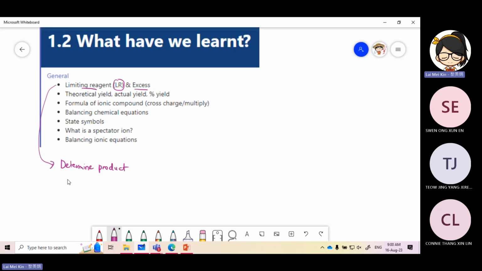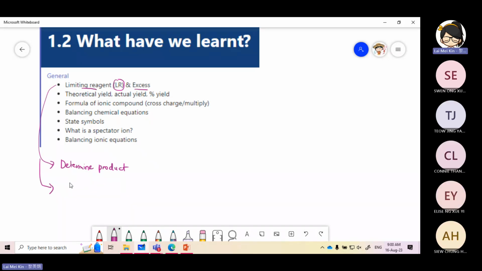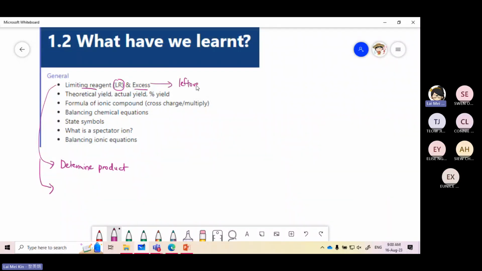And then how do you calculate limiting reagent? The leftovers will be excess. So here we have leftovers in the excess. Limiting, there will be no leftovers.